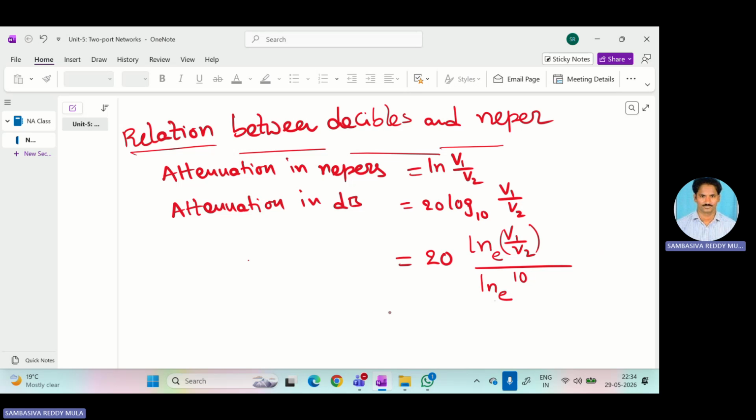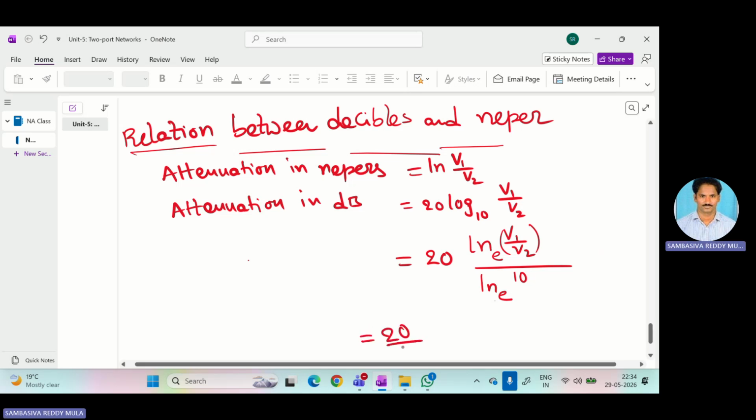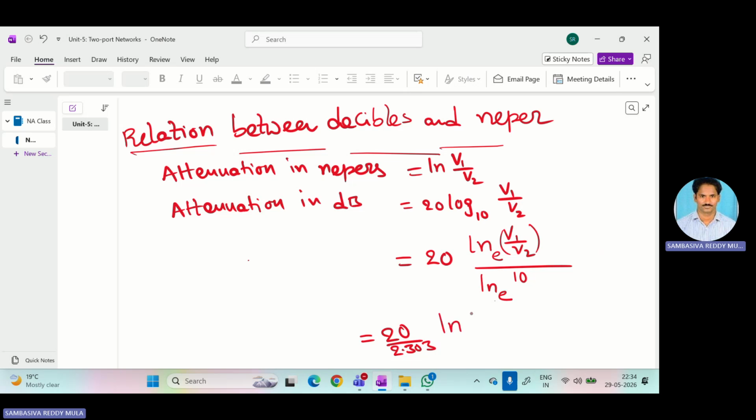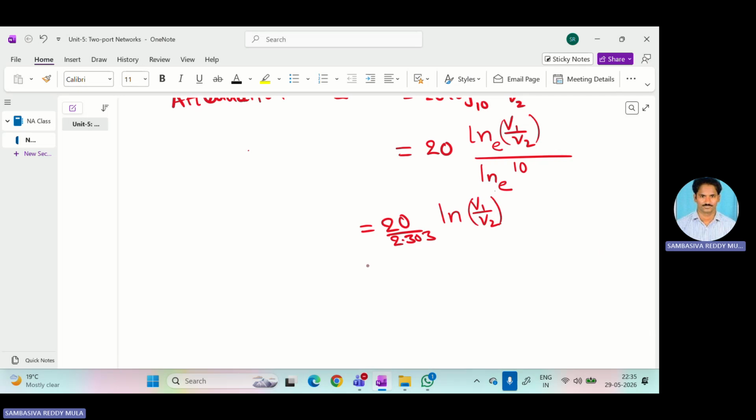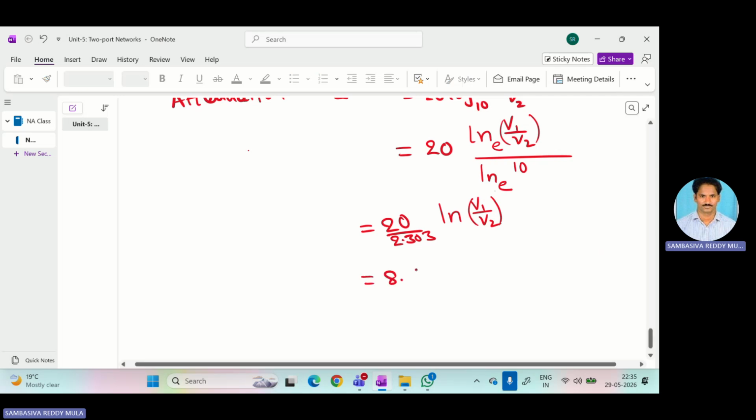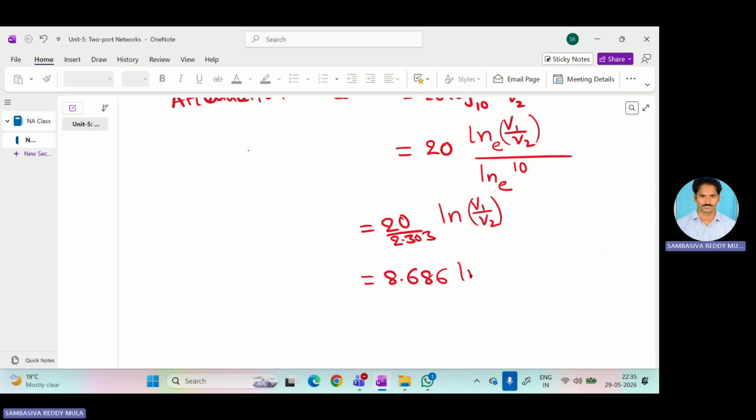So this is 20 divided by 2.303 times ln of V1 by V2. Now we have changed the base to base e. So attenuation in dB is equal to 20 divided by 2.303, which comes to 8.686 ln of V1 by V2.